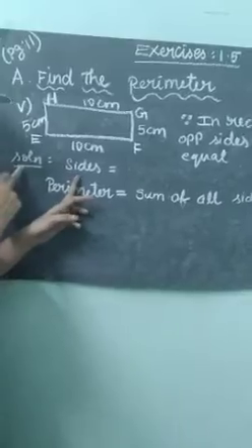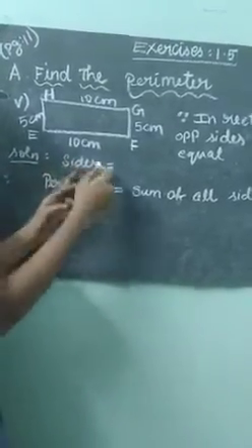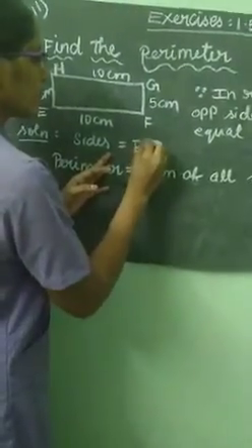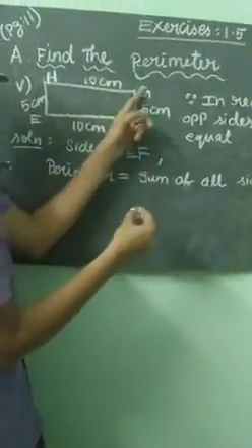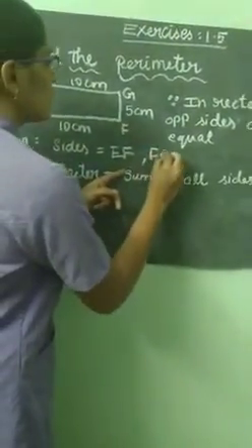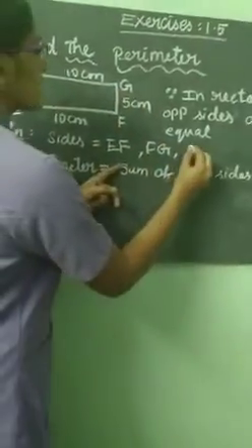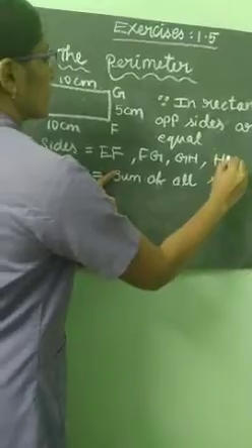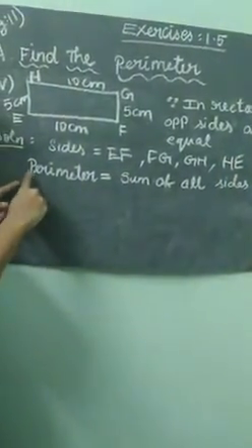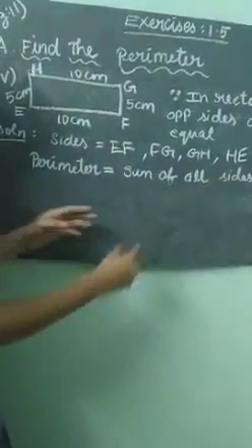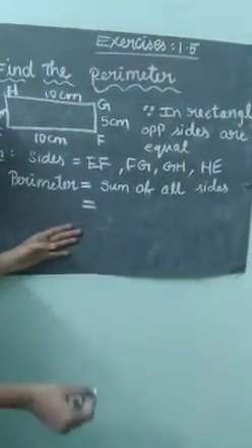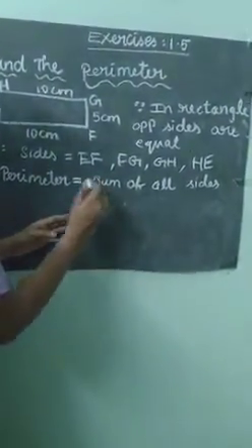Then after putting the solution, write sides equal to, what are the sides having here? EF, FG, GH, HE. Then you already know that perimeter equal to sum of all sides. Then put equal to, then do the usual procedure.